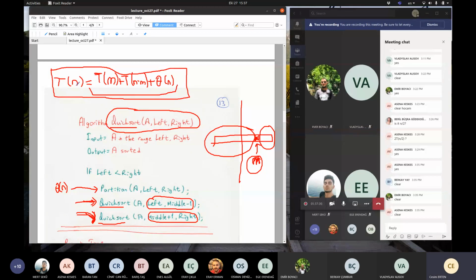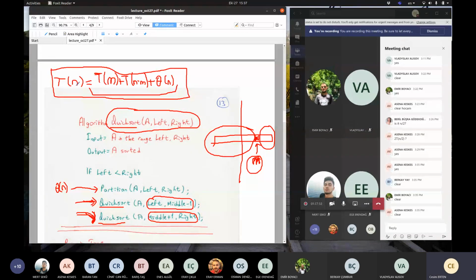But also we need to do a worst case analysis, where we try to find out what could be the worst possible value for m such that T of n is as large as possible. Let's first start with the best case. What could be the smallest function T of n?